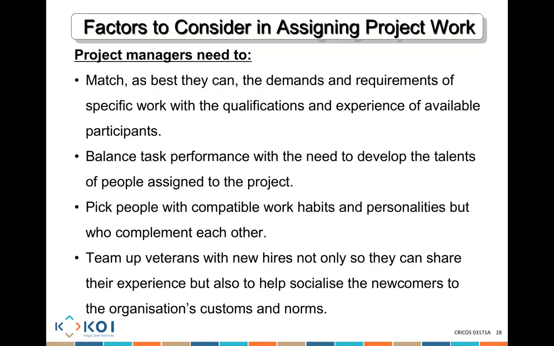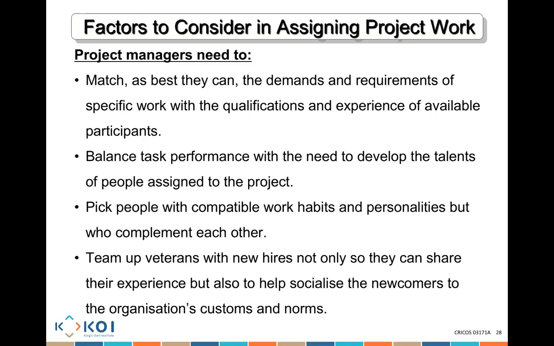Now, how do we try to assign people to a project? The best thing to do is to try to assign people who have the right experience, the right qualifications, to a specific job we are trying to do.